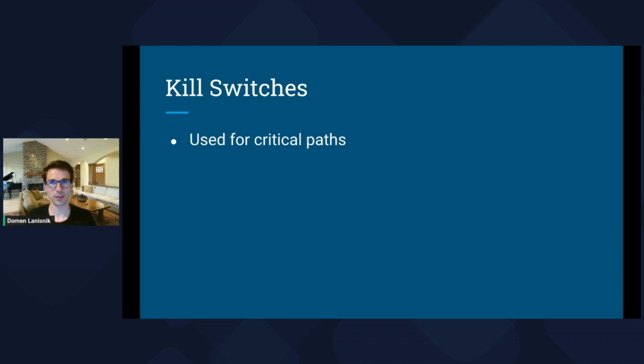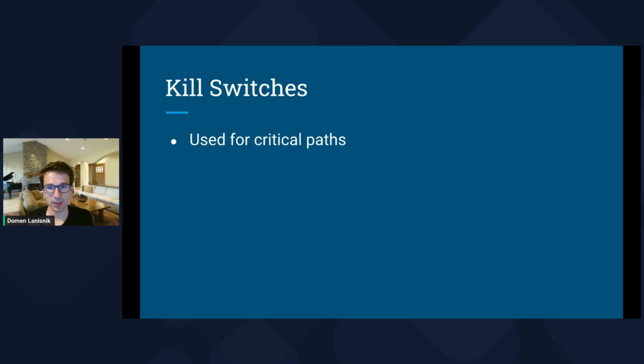So if in your app you have important screens like payment flows, purchase flows, or you're trying to experiment with API throttling, some new compression method, key functionalities that affect either the whole app or the most critical parts of your app, then it's a good idea to put it behind a kill switch.